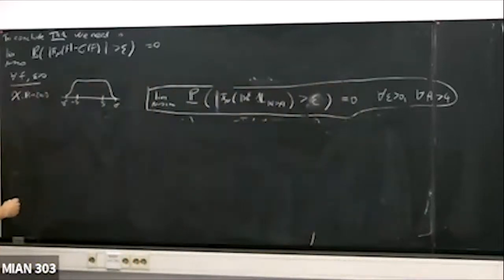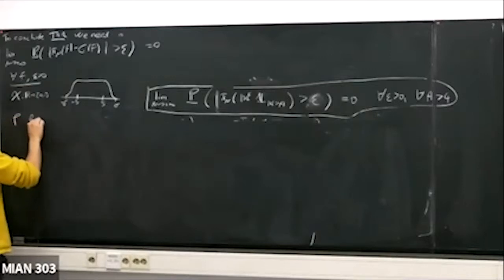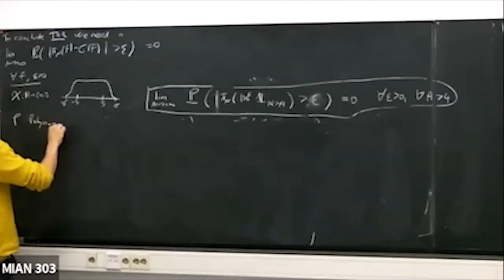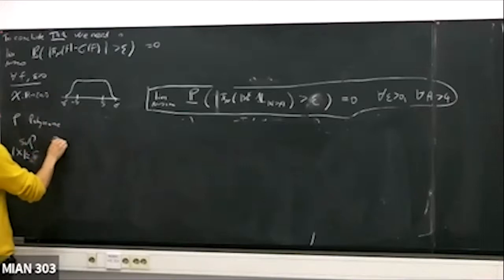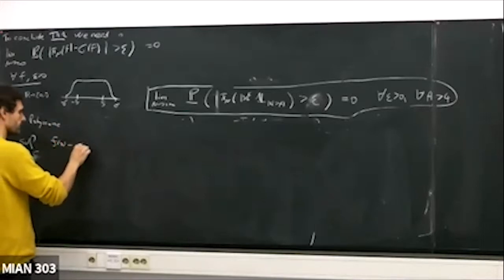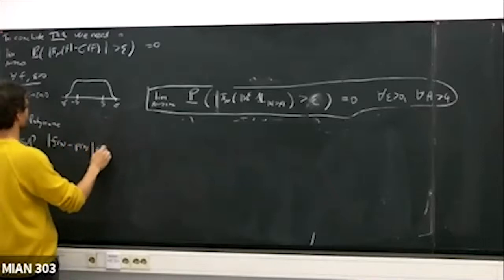And then I also take a polynomial P such that the supremum over all x, say less than 6 in absolute value, of f of x minus p of x is less than delta.